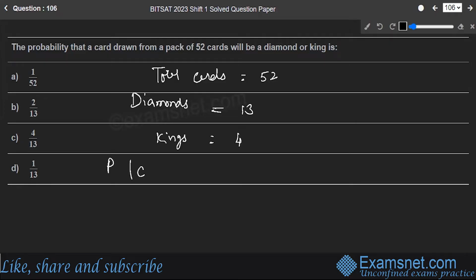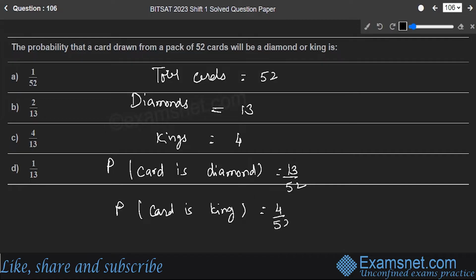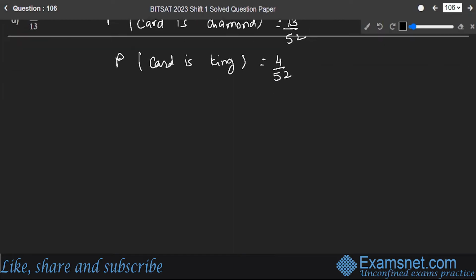Now, the probability that the card is a diamond is this, and the probability that the card is a king is equal to this. Now, the probability that the card is the king of diamonds. This is equal to, obviously, there is only one card which is both king and diamond.